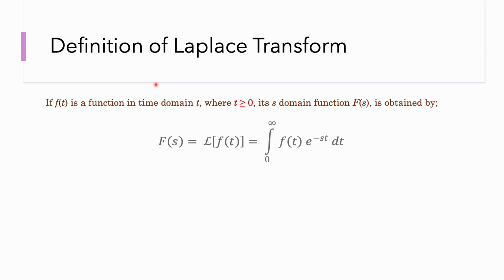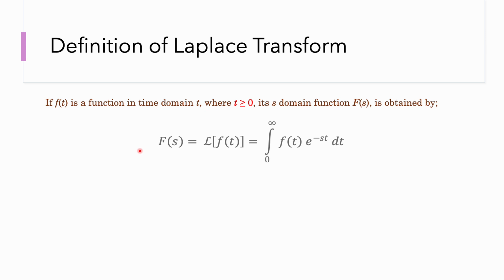Now let's look at the definition of Laplace transform. If the equation is a time domain function where the time is larger than or equal to 0, its S domain function F(s) can be obtained by this equation.